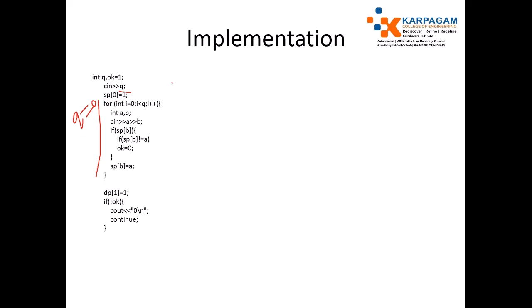So SP of 0 will be recorded as 1. Initially SP of 0 is recorded as 1. After that, we set dp of 1 equal to 1, since the source vertex is available in the source itself.